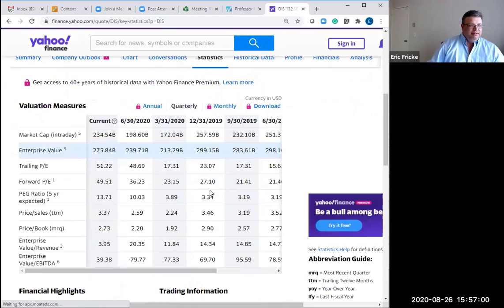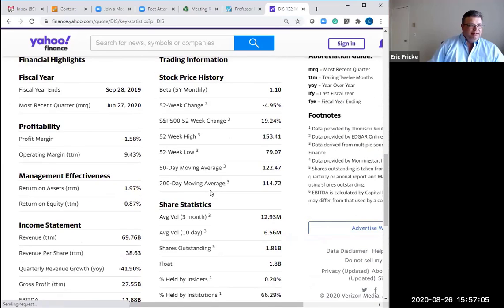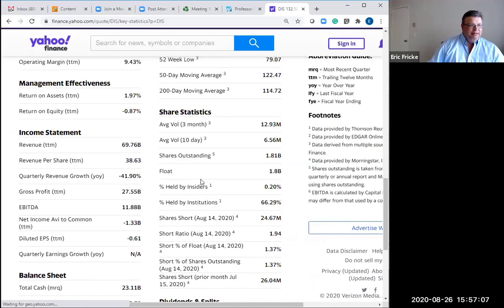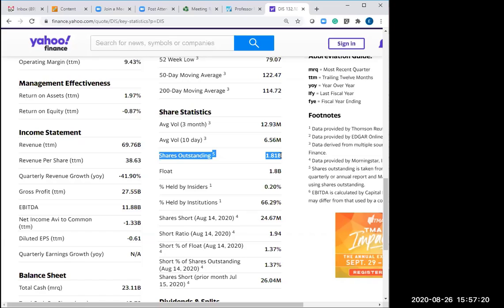So I'm just going to scroll down a little. And here you can see shares outstanding, about 1.8 billion. So that's how many shares the company has sold over time. 1.81 billion shares.